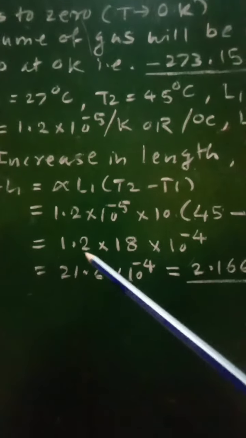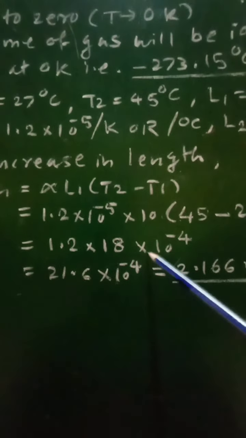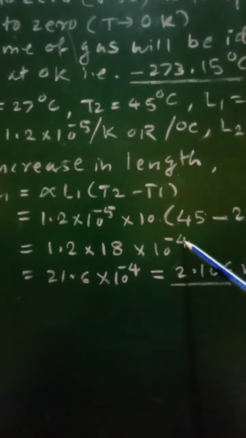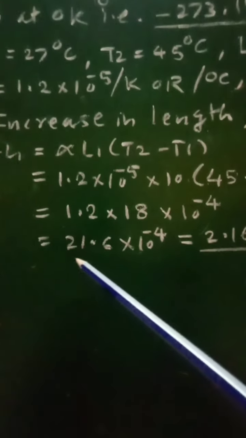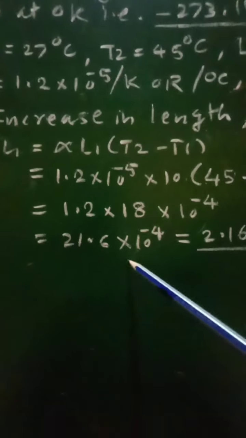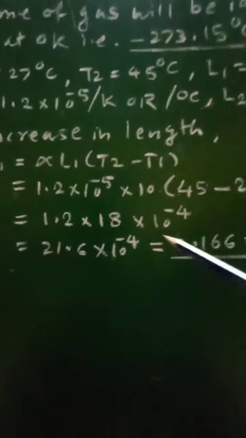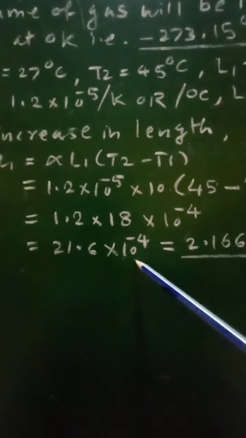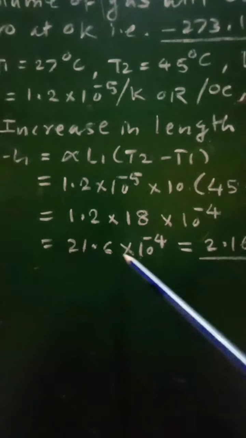Solving this, we will get 1.2 into 18 into 10 raised to minus 4, which is written as 21.6 into 10 raised to minus 4, which will be converted into millimeter, because it is in terms of meter.